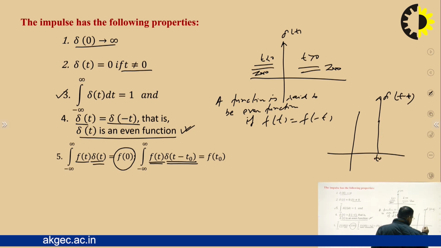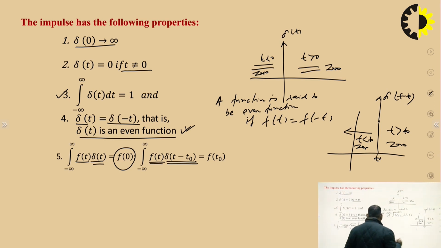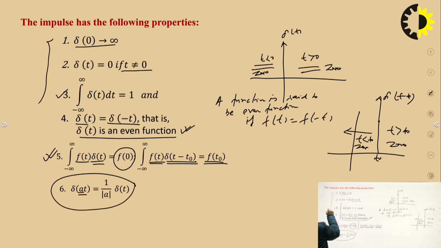So this is the t0. For t greater than t0, the value is 0 in this region, and for t less than t0, it is 0. So this function delta(t minus t0) is defined at t equal to t0. So we get f(t0). This is the property. And there is another property: delta(at), if you multiply by a constant a t, then we get this. So these are some properties of the impulse function.